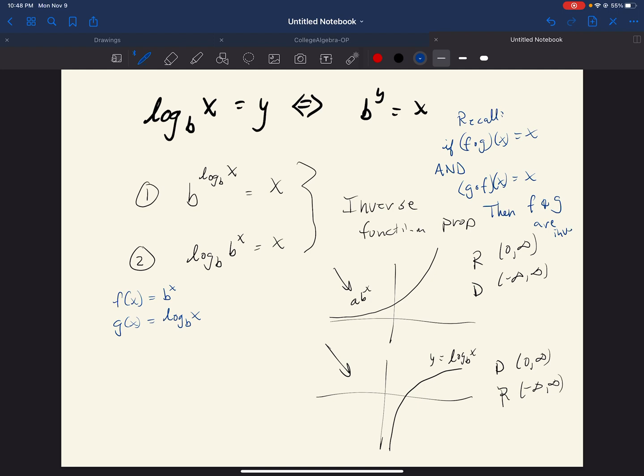So those are inverses to each other if those two facts are true, but both have to be true both ways.